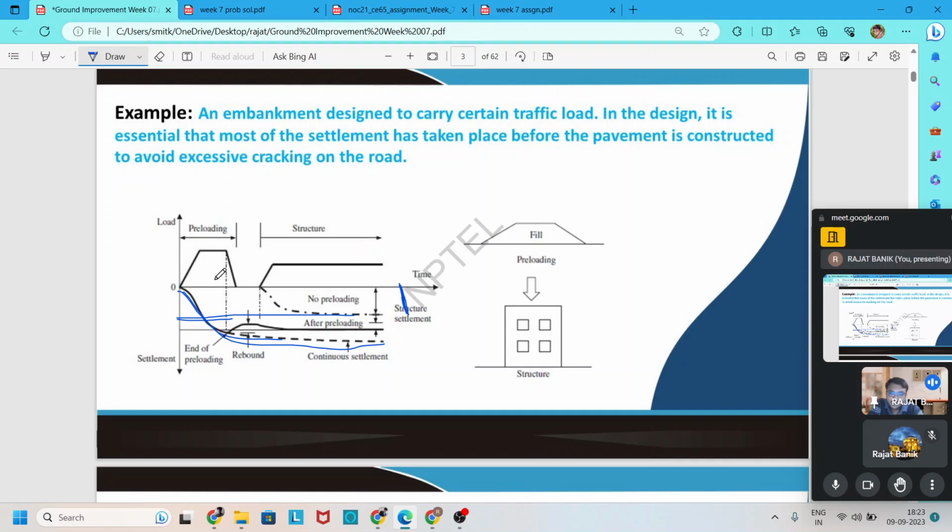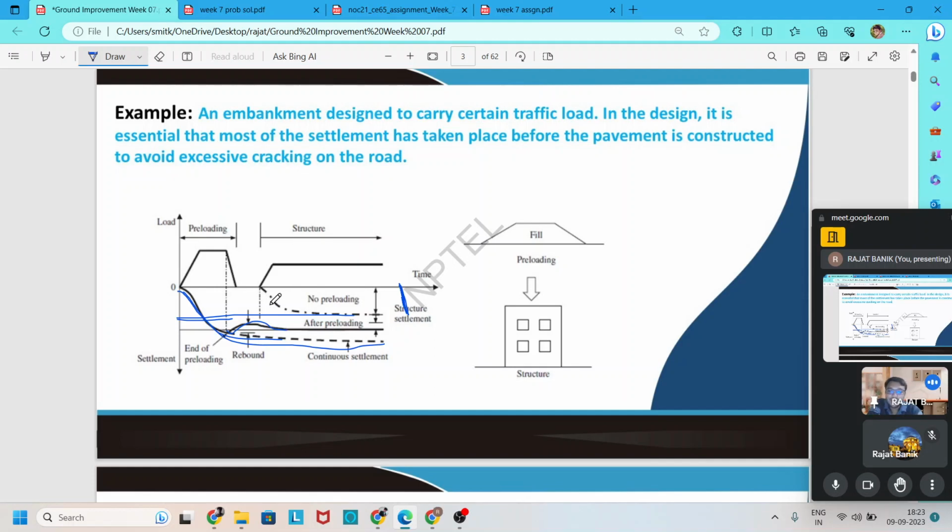And after that we remove our preloads. Due to the removal of this load, the soil tries to regain its strength or rebound to its position. So there is some rebound nature of soil due to the unloading of the preload.